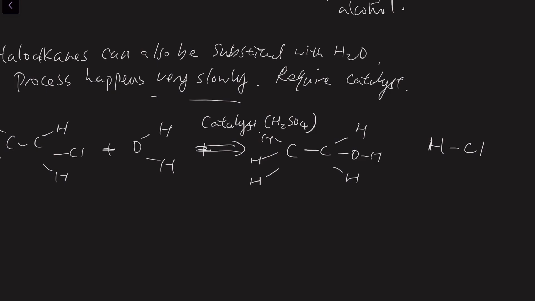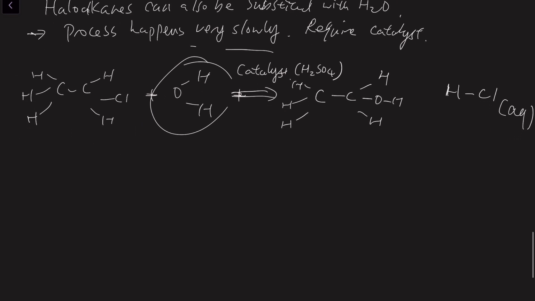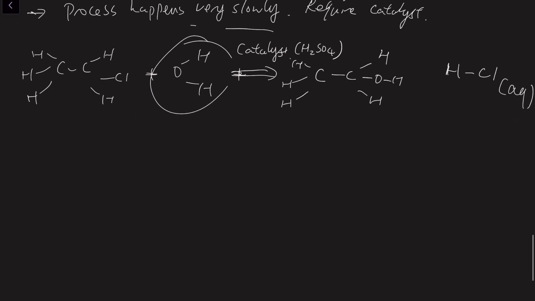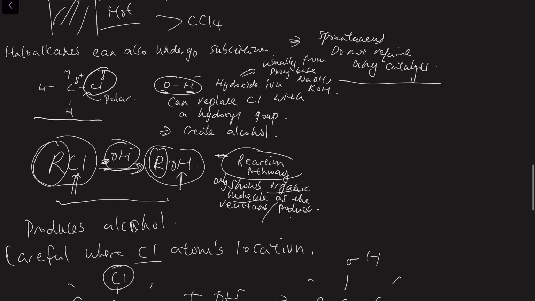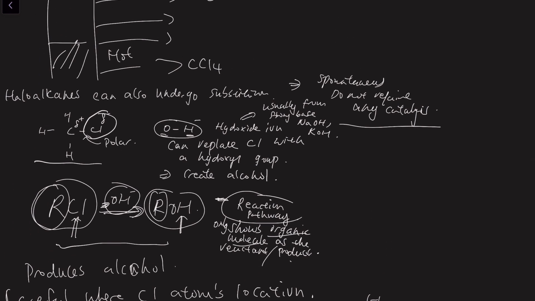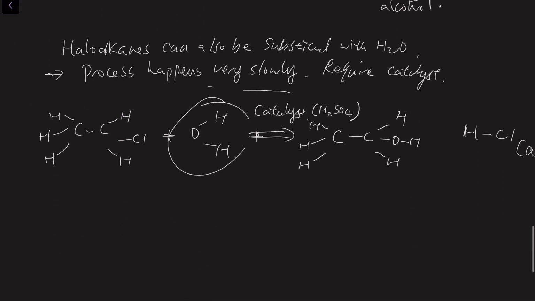And this is in aqueous form, because we know that water is present in this system. So this is another substitution reaction that we can do with haloalkanes. And the end product is the same as the previous example, where we react haloalkanes with hydroxide ion, which is the product is also alcohol.